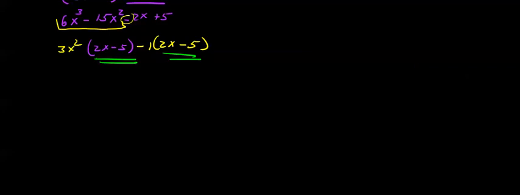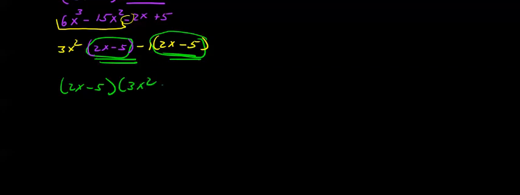So, we then factor the common factor out, the 2x minus 5, and the 2x minus 5 is common. And we're left with 3x squared minus 1. Kerchunk, we're done. You can multiply it out, doesn't matter. As long as you follow the procedure, it's going to work.